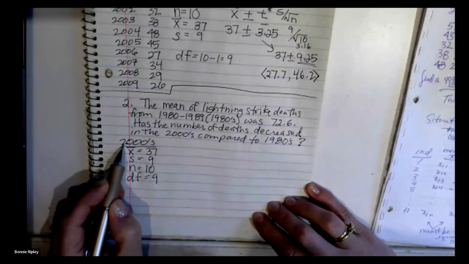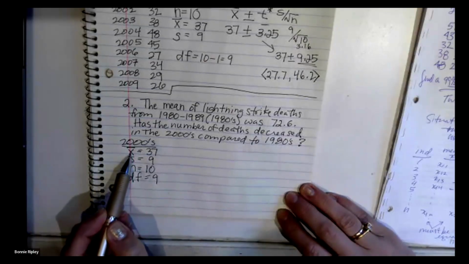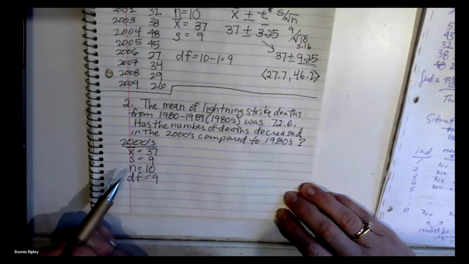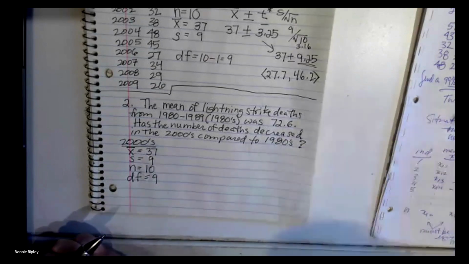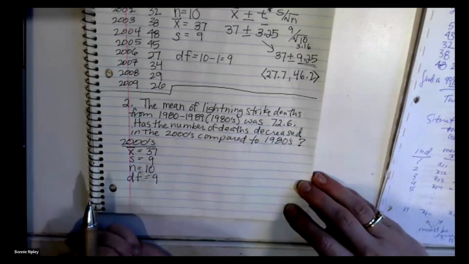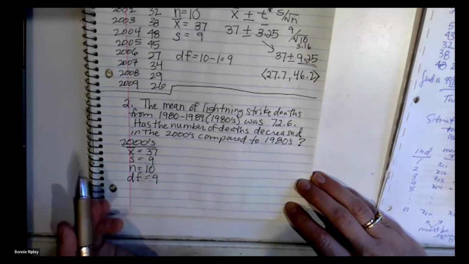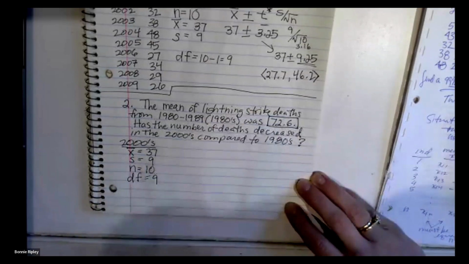So I started by writing down my 2000s and just recopying the information down here to make sure that I have it all straight and squared away, because I know I'm going to need it to do this hypothesis test. All right, so we have this sample and we're being asked to compare it to a single specific value.